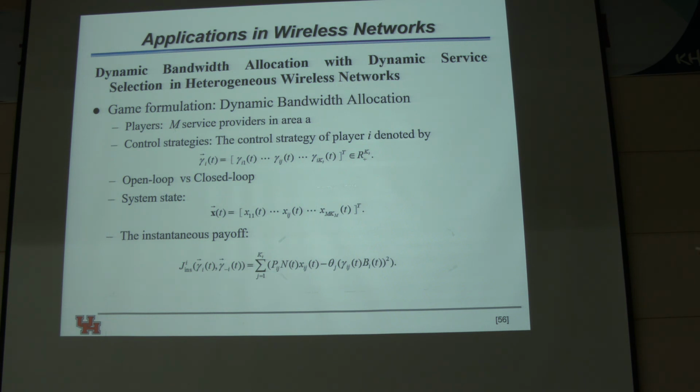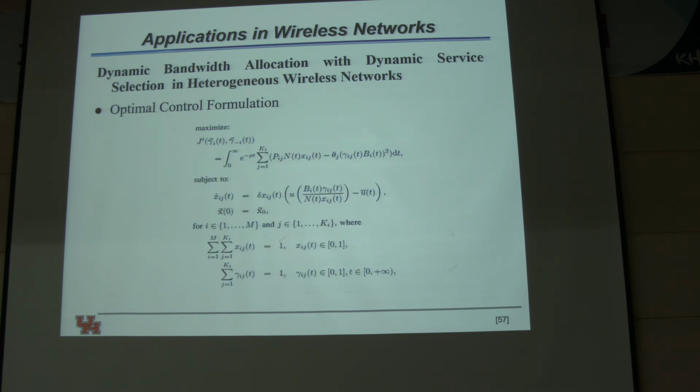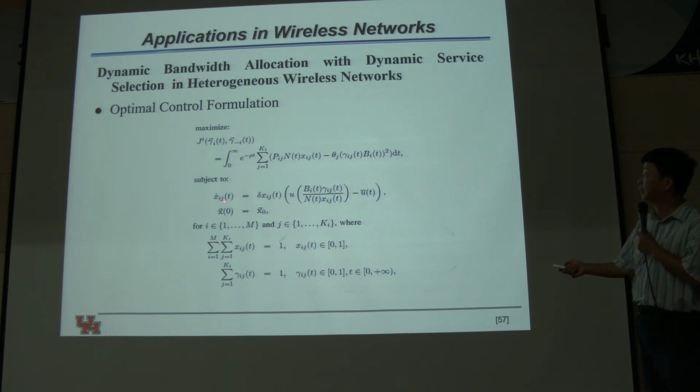So basically, the players for the upper-level dynamic game are the service providers. They have optimal control, with a system state and a cost function. What they want is to optimize this cost function over time, subject to a certain ODE, where X is the number of customers.